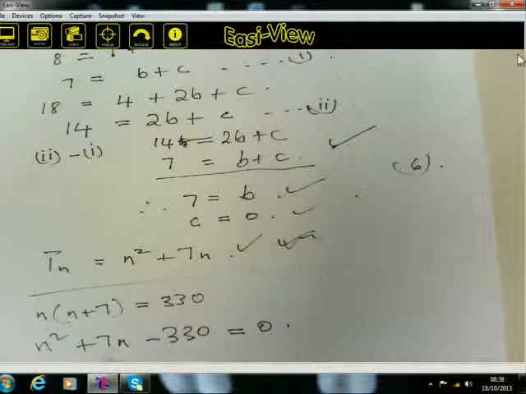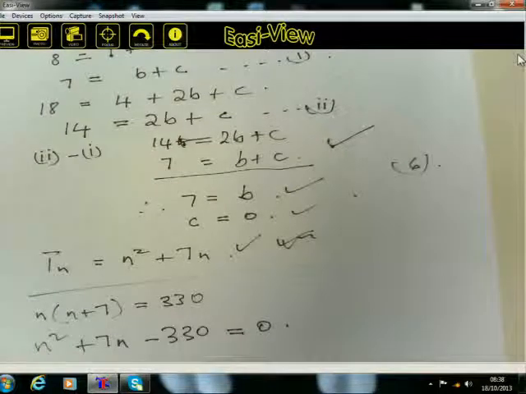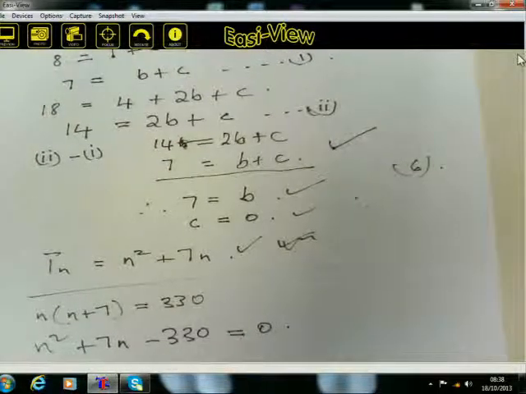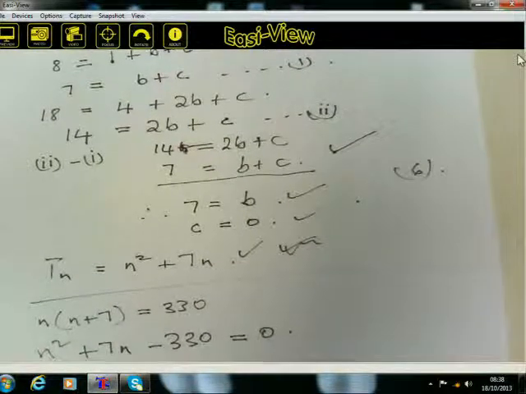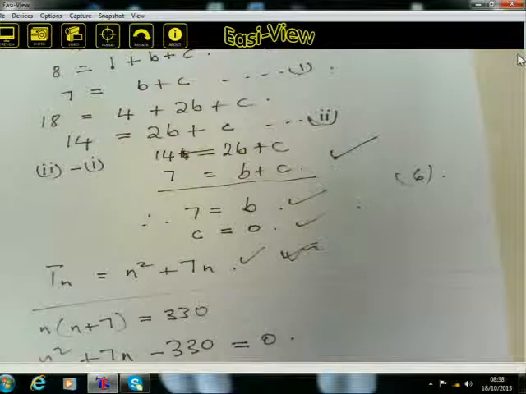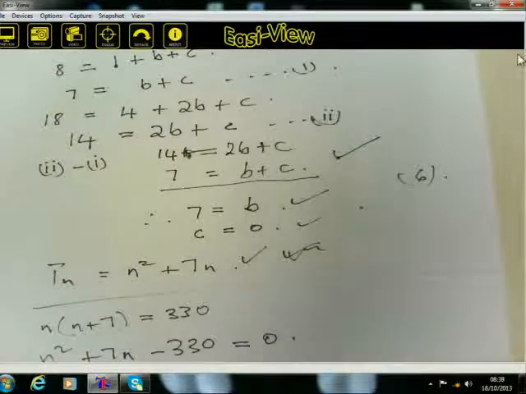And then, if we factorize this expression, the answer is going to be n plus 22 into n minus 15, which is equal to 0.